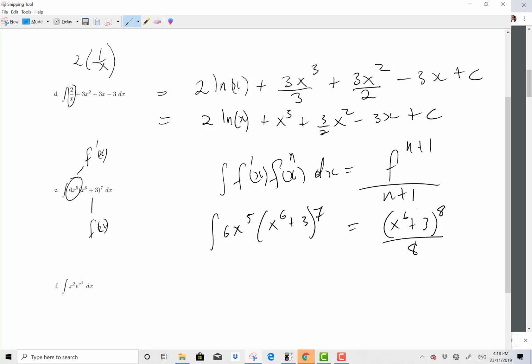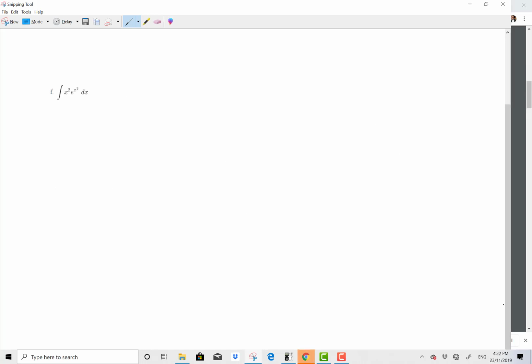Now, again, we just need to spot what is going on right here. This is the integral of x squared e to x cubed dx.